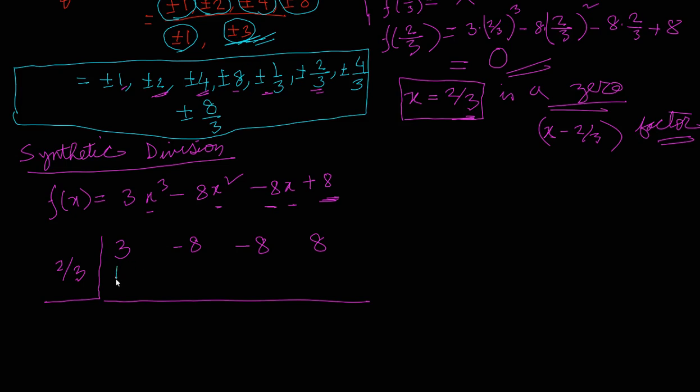I'm going to take down that 3 downward, and then I'm going to multiply 3 by this 2/3. So 3 multiplied by 2/3 is actually positive 2. Now -8 plus 2 is -6. And now I multiply -6 by 2/3, which is equal to -4.